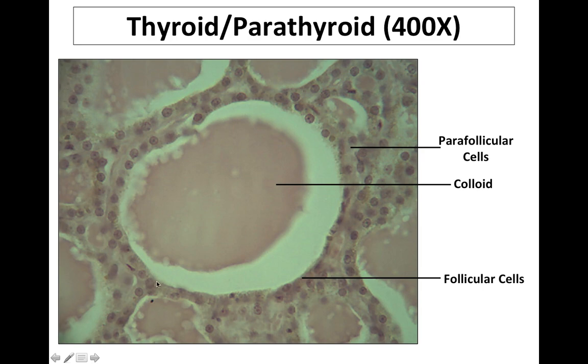Any cell that does not compose the border of a follicle is a parafollicular cell. Para meaning next to. And these are the cells responsible for producing calcitonin. Now keep in mind, even though the slide has thyroid and parathyroid glands on it, this image is just showing the thyroid gland.